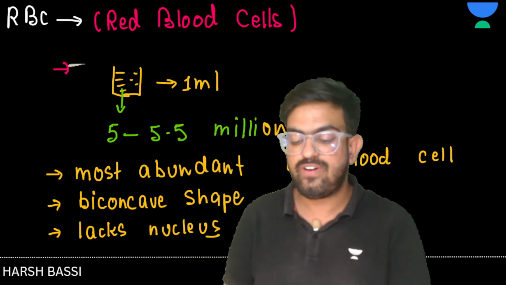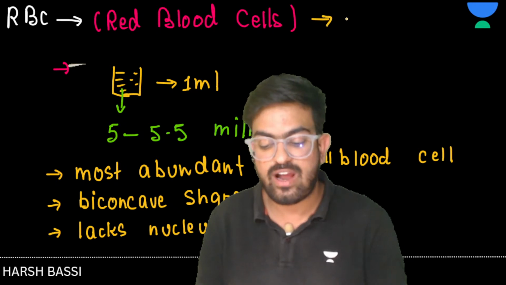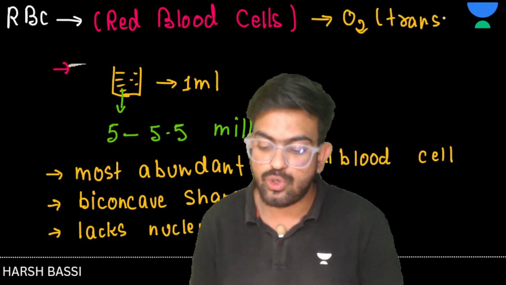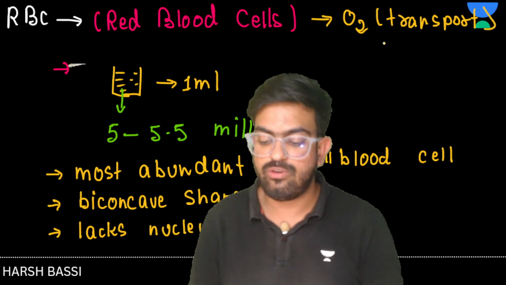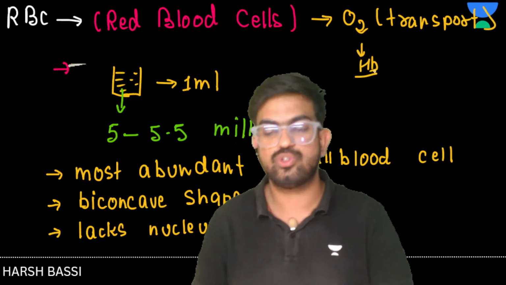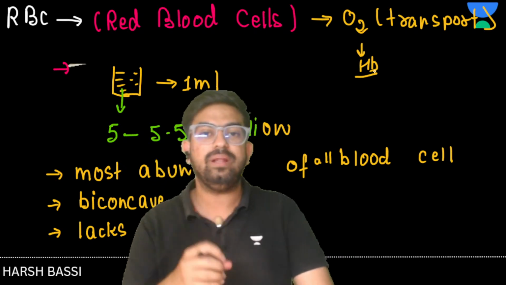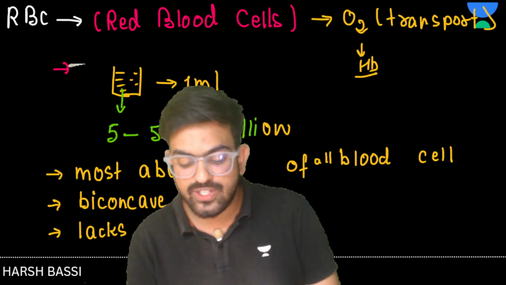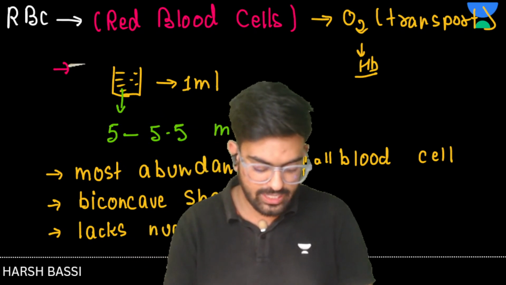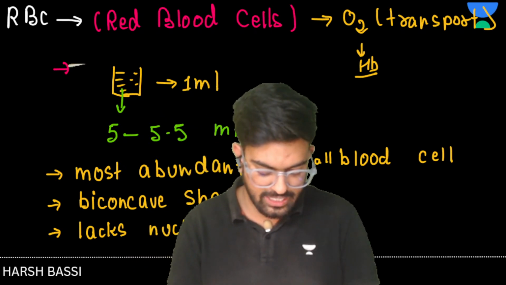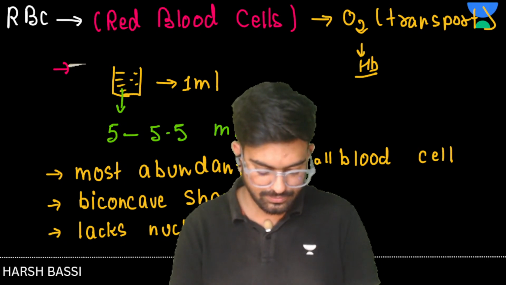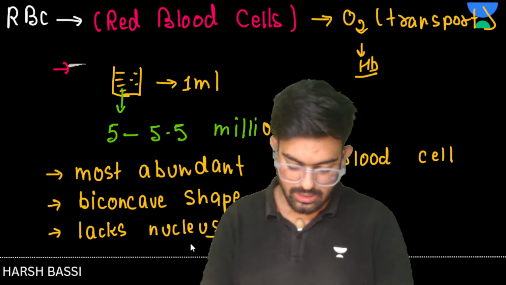The main function of RBC is to transport oxygen, to transport gases, right? To transport oxygen it needs hemoglobin. So to keep more hemoglobin, it removes its nucleus. Clear? Any doubts anywhere? Great.